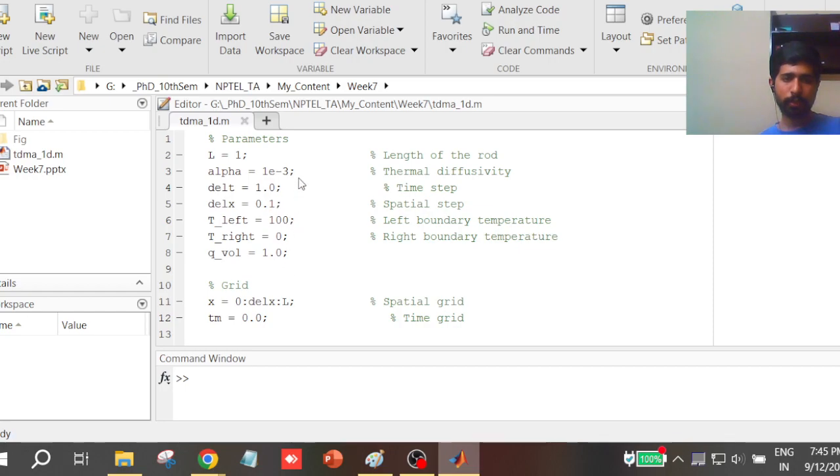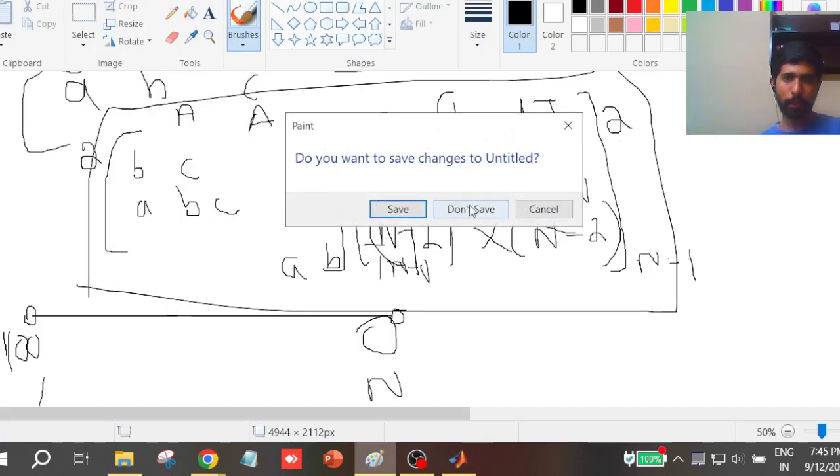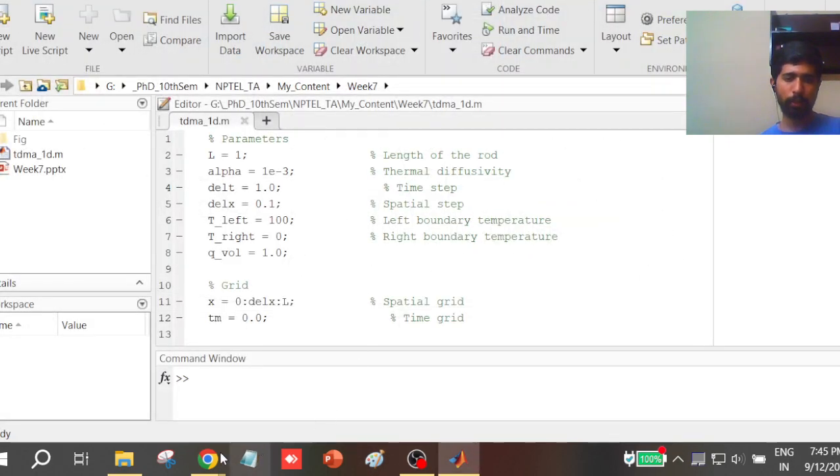First, I hope you are able to see my code. My laptop is running a bit slow here, just hang on. First I have defined the values, such as the length of the straight one dimensional domain.